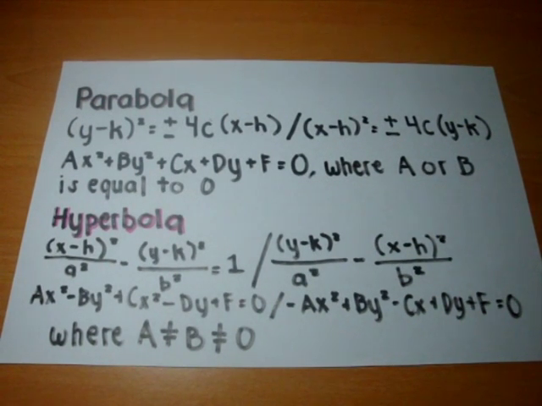The hyperbola has a standard form of (x - h)²/a² - (y - k)²/b² = 1, or (y - k)²/a² - (x - h)²/b² = 1. The general form is ax² - by² + cx - dy + f = 0, or -ax² + by² - cx + dy + f = 0, where a is not equal to b and they are both not equal to 0.